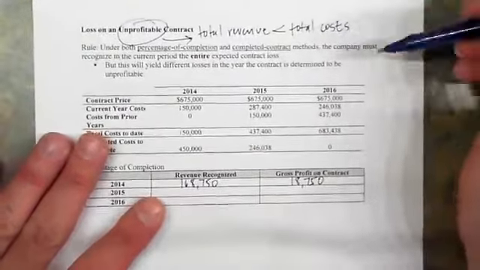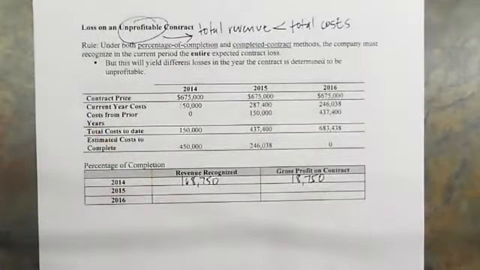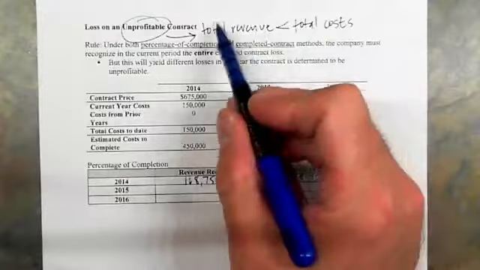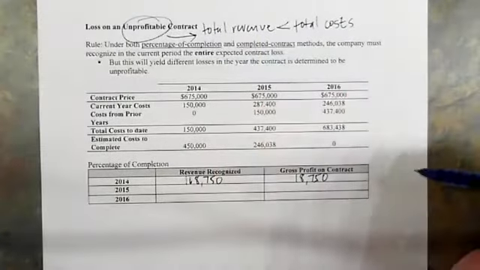So we're actually going to end up upside down on this contract. When that happens, as soon as we know we're going to end up upside down, we have to report the entire loss, that is total costs less the total revenue, in that year.